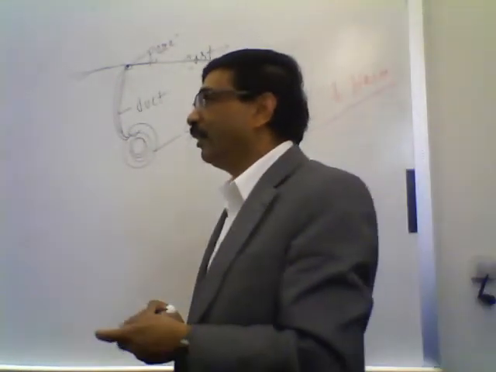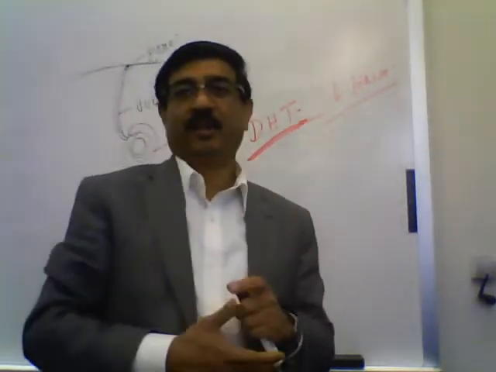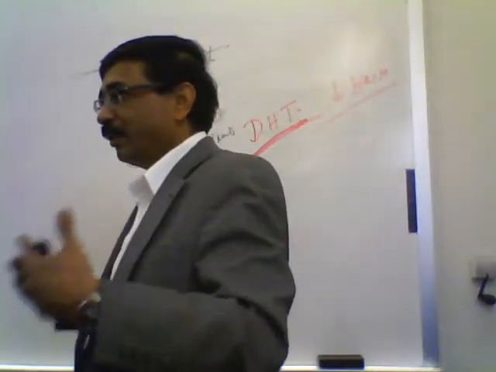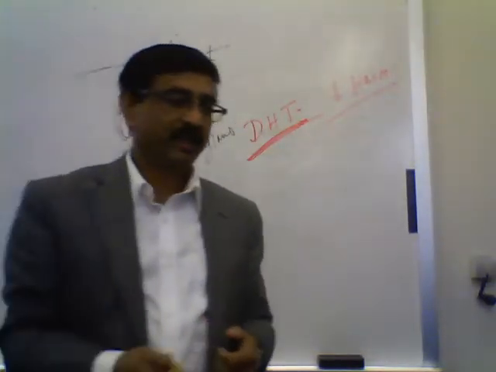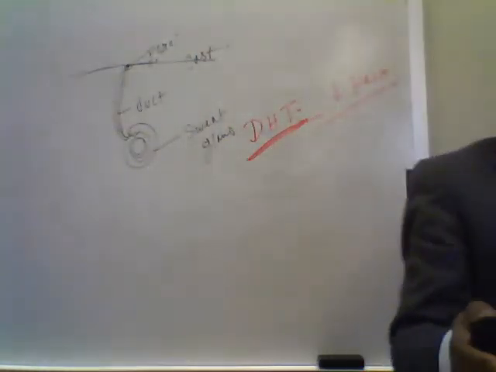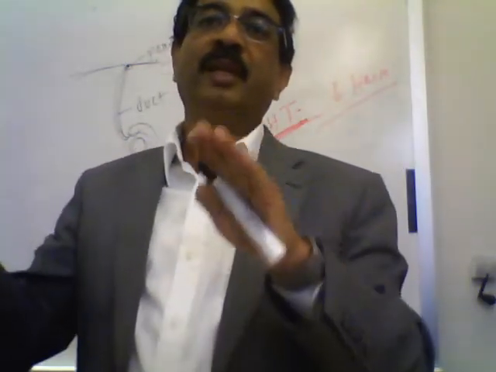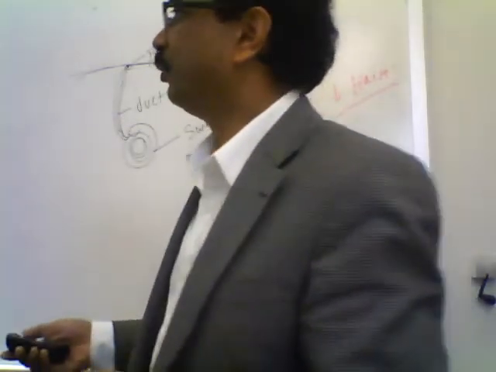Another thing is shivering of the body occurs. That shivering increases the muscle activity, right? Contraction of the muscle will produce heat to increase the body temperature. So these are the two ways the heat loss will be stopped and heat production will occur.